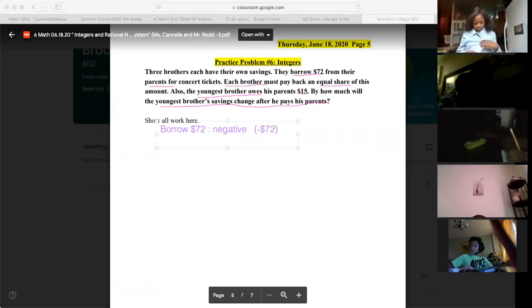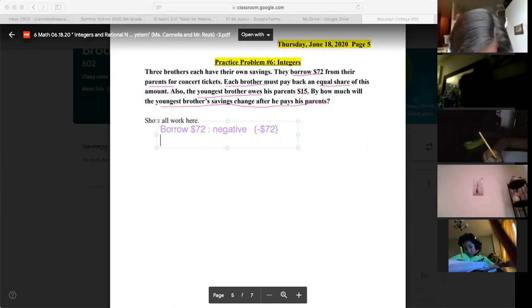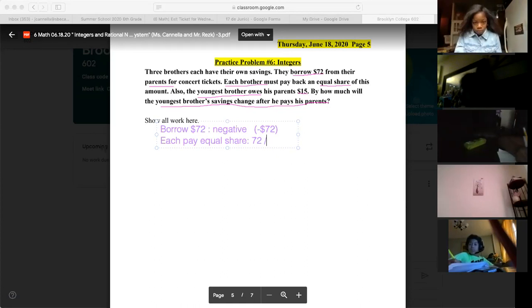Each brother must pay back an equal share of this amount, so maybe we should divide 72 divided by 3. Why? Because each of them must pay back an equal share. Let me write these notes down. Each pays an equal share. So you divide 72 divided by 3, which is how much money?